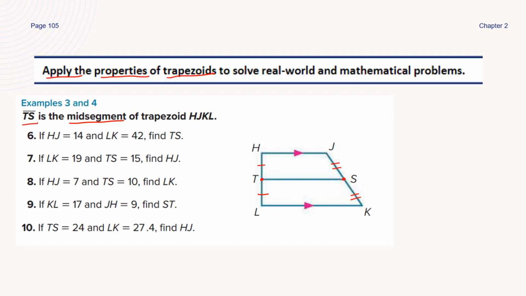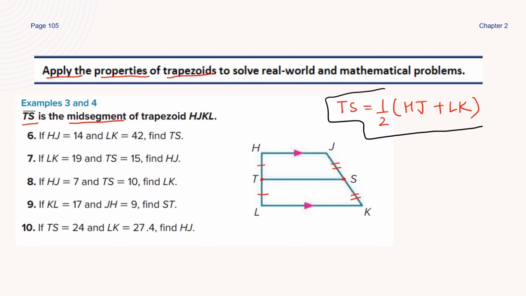So these two sides are equal. So TS becomes the mid segment. Now the mid segment theorem says TS is equal to 1 by 2 the sum of the parallel sides, HJ plus LK. Now this formula you have to learn and remember, and this formula can give you the answer for all the questions 6 to 10.